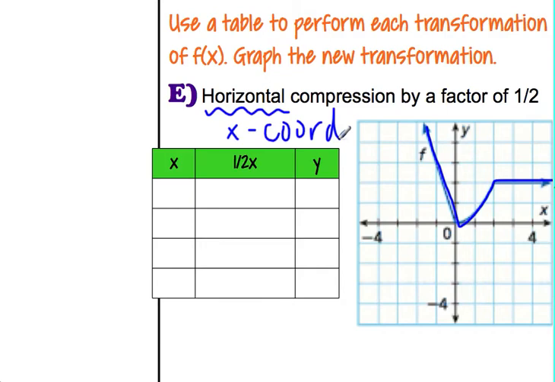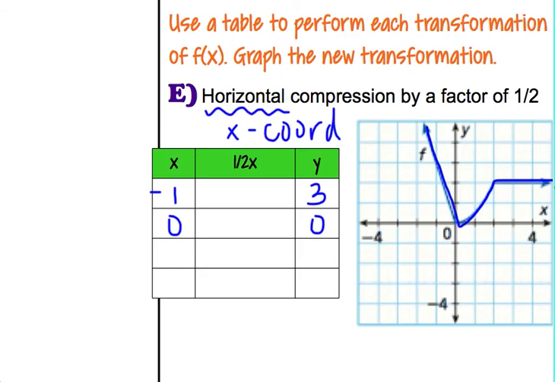So my original ordered pairs are -1, 3, and 0, 0, 1, 1/2. Let's not go with 1 because that is going to make our lives a little bit more difficult.